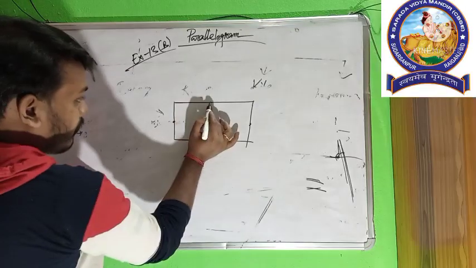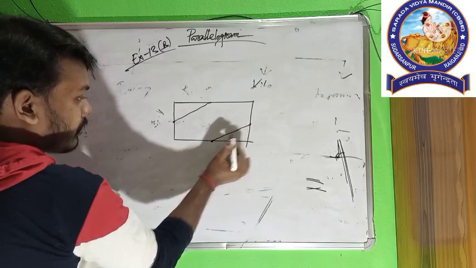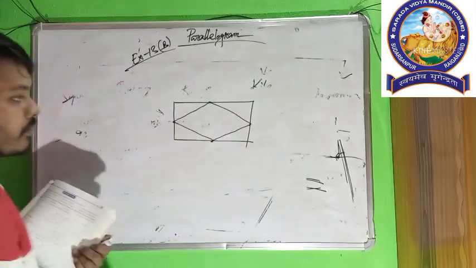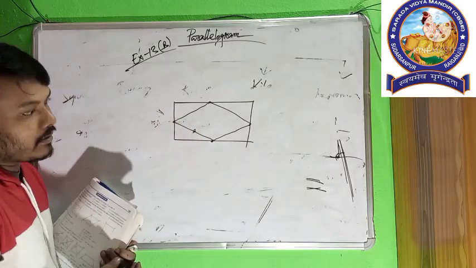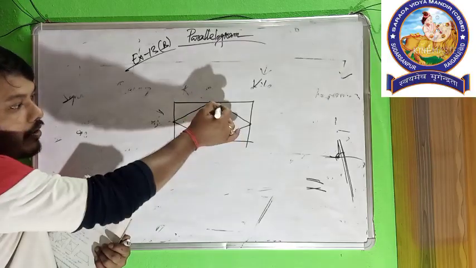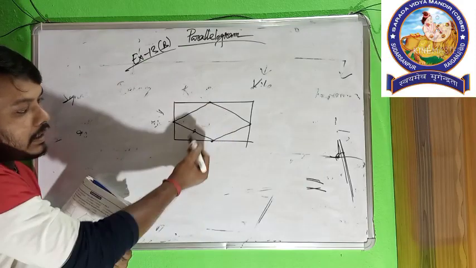So if we join these, then these two are equal and these two are equal. So it is a parallelogram. So the first answer is parallelogram. If we join the midpoints of the sides of a rectangle, then it will become a parallelogram.